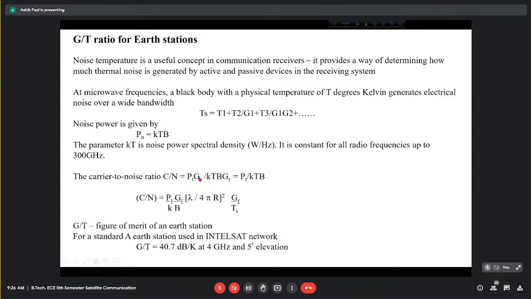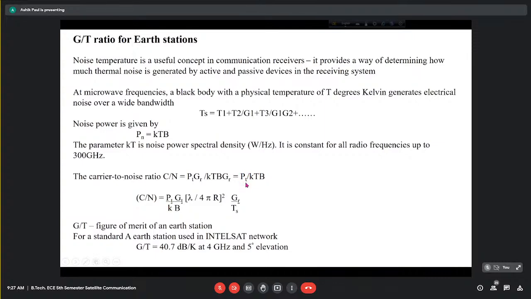That is the component of the transmitter power, and kTB is the corresponding noise power. So GR and GR in the numerator and denominator cancel out, and you get this expression given by PT by kT into the bandwidth.